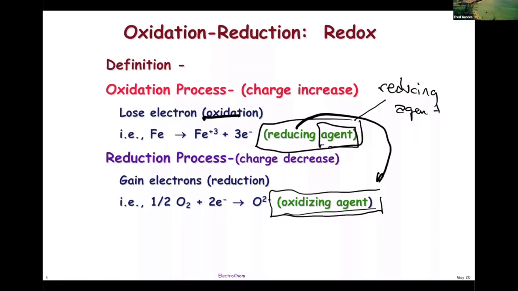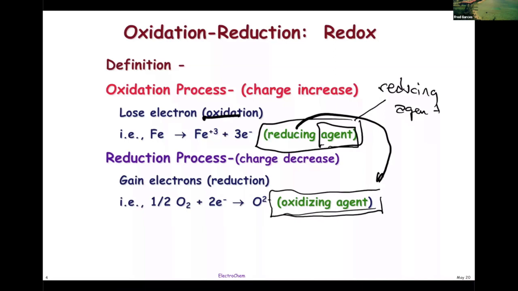So, in order for that chemical to be responsible for reducing its partner, it has to give up electrons, so that its partner can get more electrons and therefore be reduced. But in the process of giving up electrons, that chemical is oxidized.